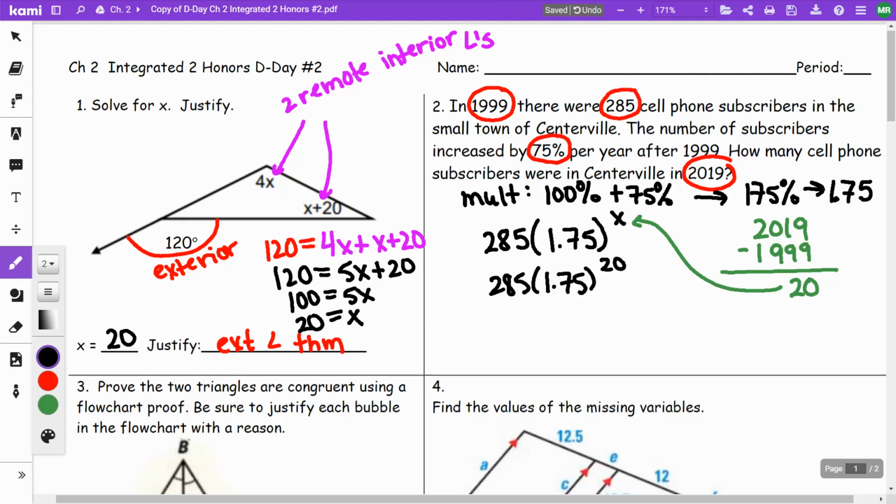And when I put that in my calculator, I get 20,682,633.38.